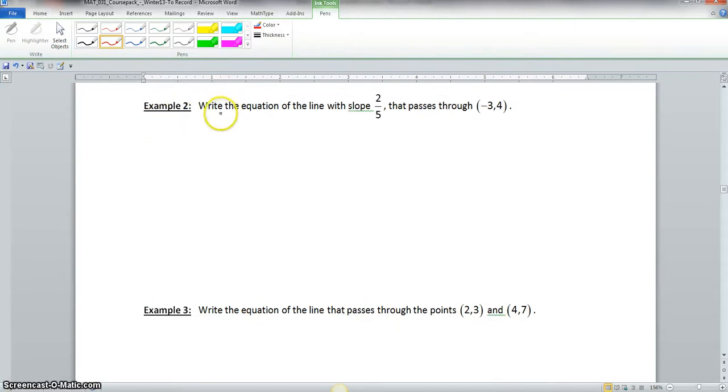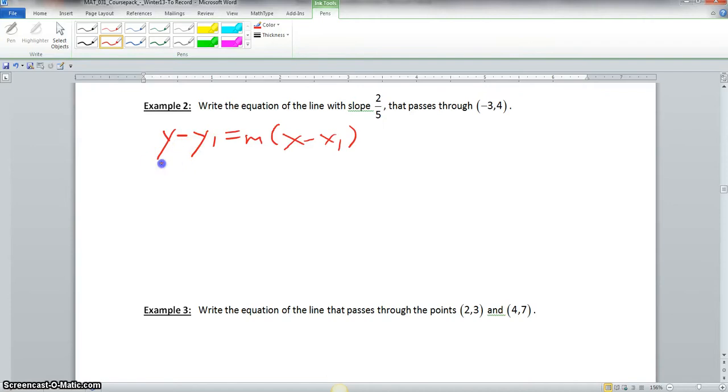Now we go to example 2. It says write the equation of the line with slope 2/5 that passes through (-3, 4). Now we could use either formula. I like using the slope-intercept form, but since we're in the process of doing the point-slope form, let's do that, since this section is dedicated to that.